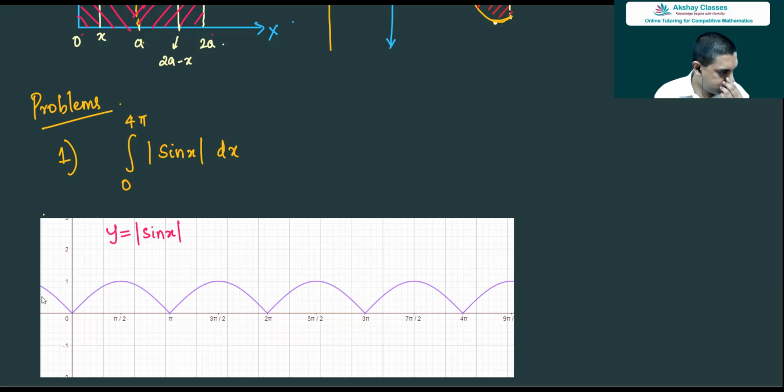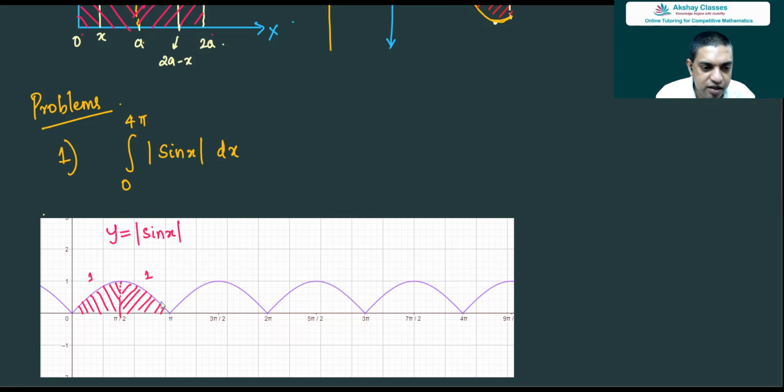You don't have to actually solve it; I'll do that by solution also. Now, we have already calculated this integral 0 to pi by 2, this is 1. So 1 plus 1 is 2.